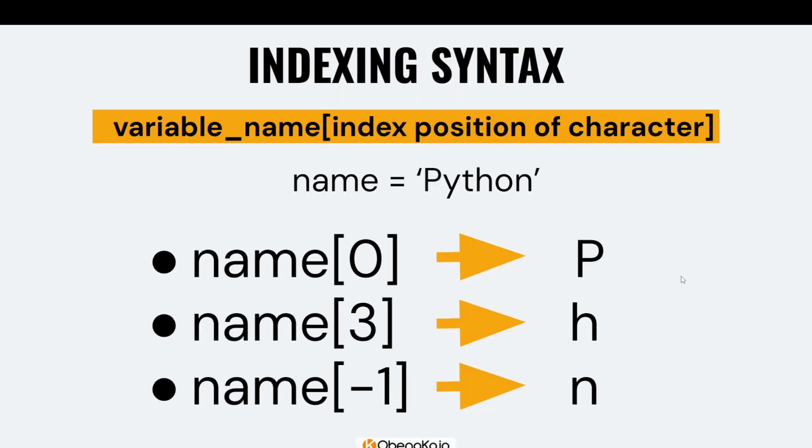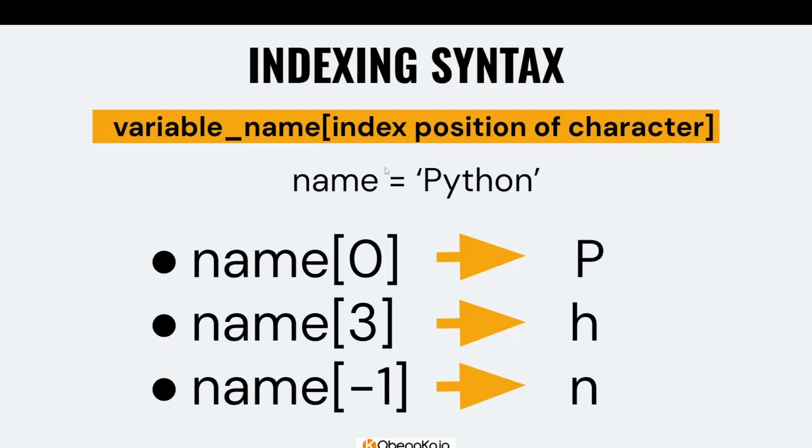All right, so let us have a look at the syntax of extracting a character within a string by indexing. So this is the syntax: the variable name and then the index position of that character.